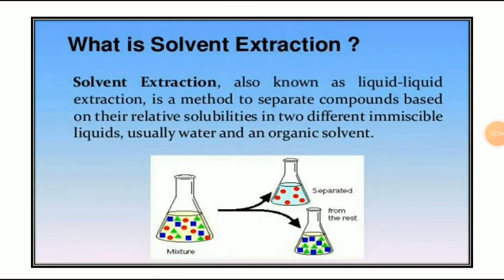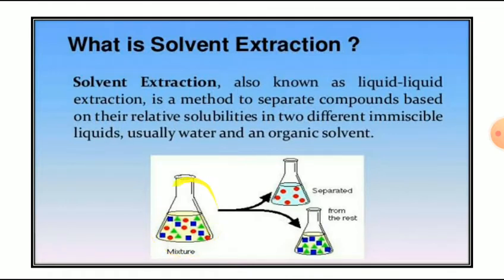See, this is the conical flask, or you can say Erlenmeyer flask. In this flask, this is the liquid, and in this liquid the solute particles are there. The red circle, the blue colored square, and the green colored triangle are different solutes. Suppose three different types of solutes are present in this liquid.